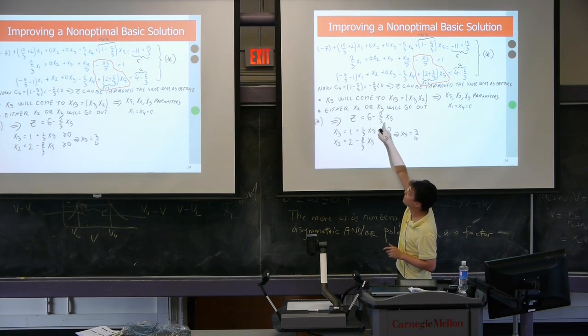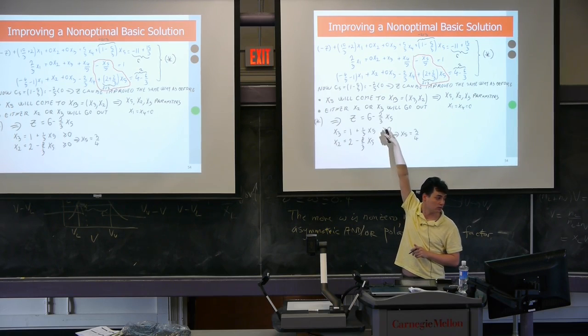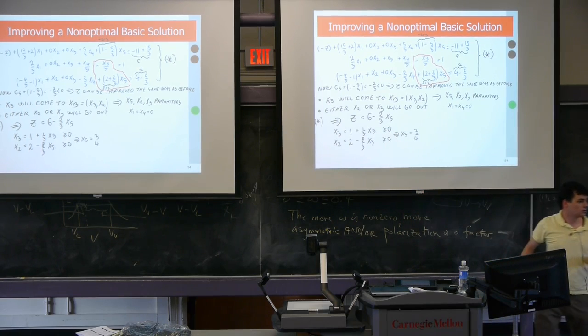That's 6 minus 1/2. In the previous example, the minimum of z was 11. Yeah, we started from 11, we did one pivot and it got to 6, and now it's 5.5. So 11 is not the optimal. We just started from a feasible solution, and now our goal was to improve it.